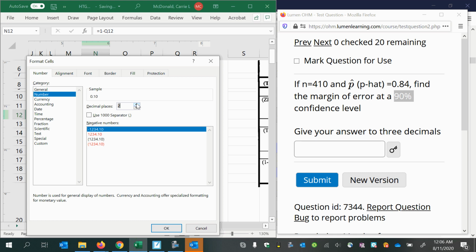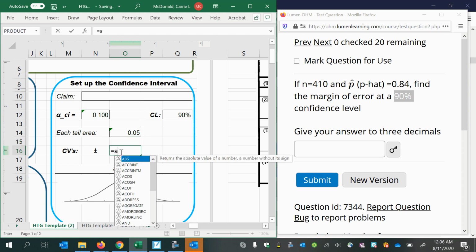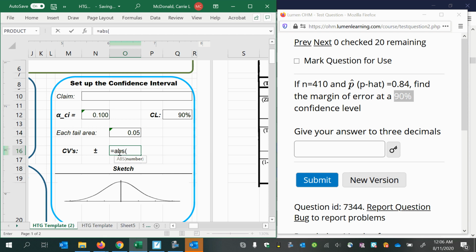Remember, 3 decimal places. So 0.10. Now, in each tail, you're going to have half of that because confidence intervals are always two-tailed. Now, the critical value will be the absolute value of the boundary that would have 0.05 in the left tail.